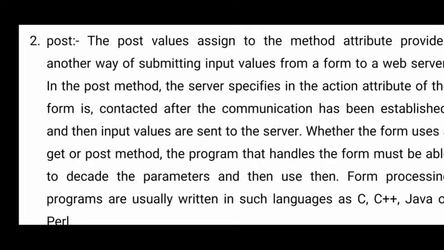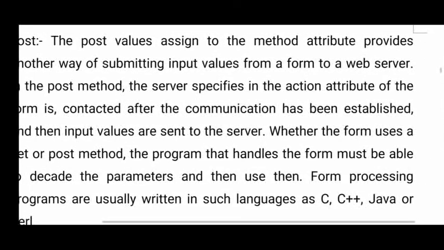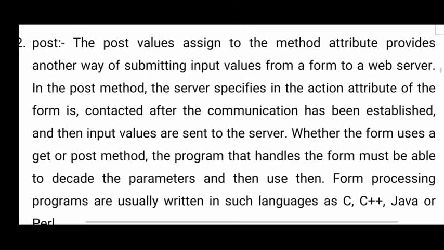Okay, so here you can see, the post value assigned to the method attribute provides another way of submitting input values from a form to a web server. So using this method also we are sending data from the form to a web server. But in the post method, the server specified in the action attribute of the form is contacted after the communication has been established.